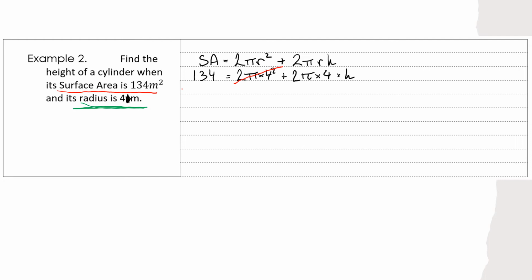So to get rid of it, we're going to minus 2 pi r squared, or 2 pi times 4 squared. So we get 134 minus 2 pi times 16. Actually, I kind of want to simplify it. Let's simplify it first. That would be nicer.